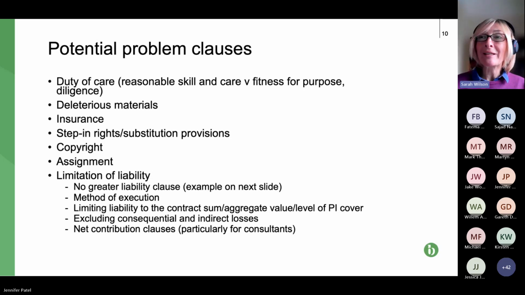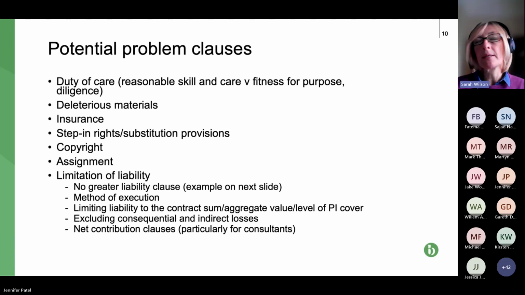But I would say that's not necessarily the case. Very recently I've been reviewing a contract where the insurance clauses in the contract and the collateral warranty were different. That's an issue where you would have to go back to the client and get it remedied, because this shouldn't be different.